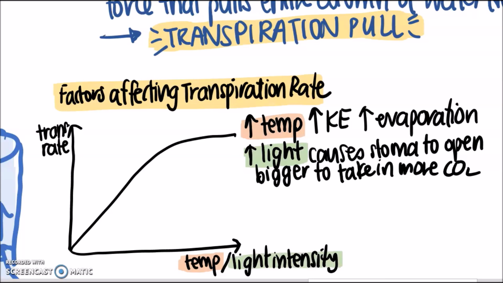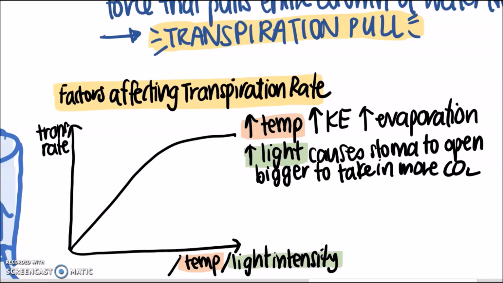So light actually triggers the stoma to open wider to take in more carbon dioxide for photosynthesis. But at the same time, when I'm opening the stoma bigger, it actually just causes more water to be able to escape as well. Therefore, it increases the transpiration rate. So the plant actually needs to balance these two things, because I want more photosynthesis, but at the same time I allow more water to escape.